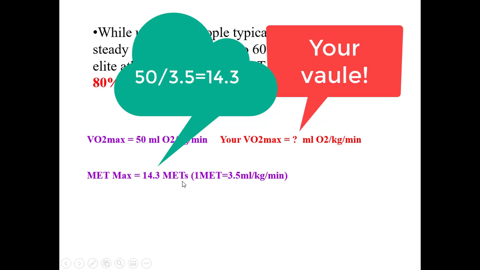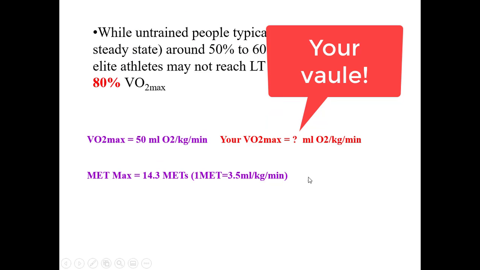It means my maximum oxygen consumption is 14.3 times my resting. I can exercise at 14.3 times my resting value. Please calculate your MET max value using your VO2 max value. How? Just divide by 3.5.